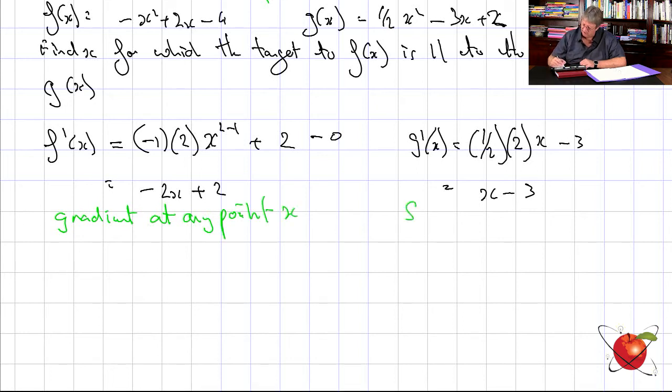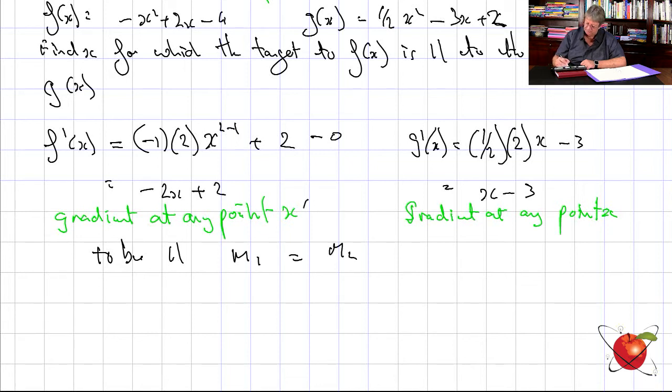And this one is the gradient at any point x. So what do I do? I put them equal to each other because they must be the same. Therefore, to be parallel, the gradient m1 must equal m2. Right? The gradients must be the same.